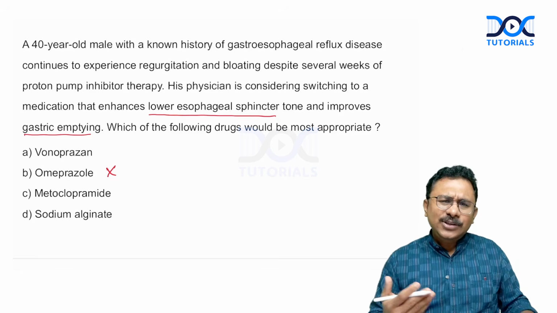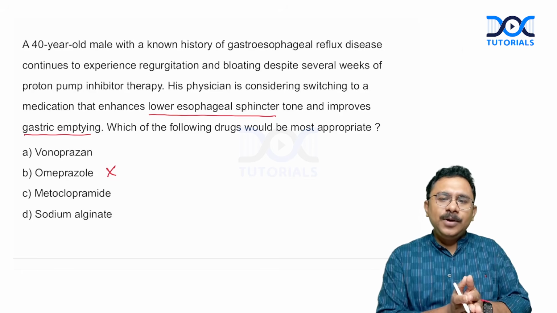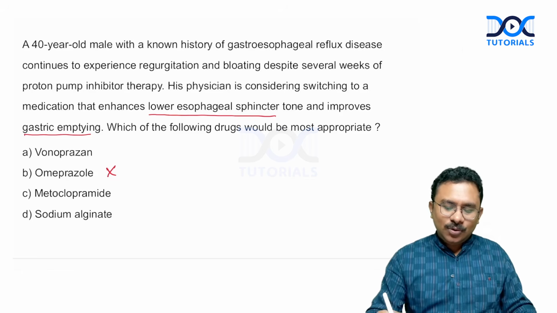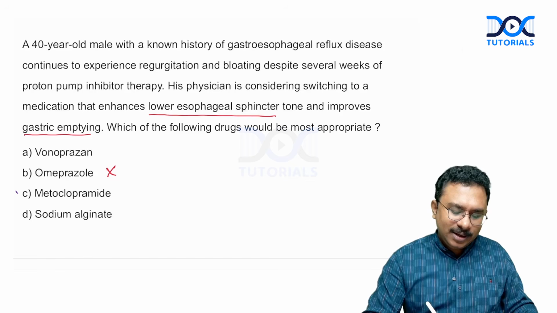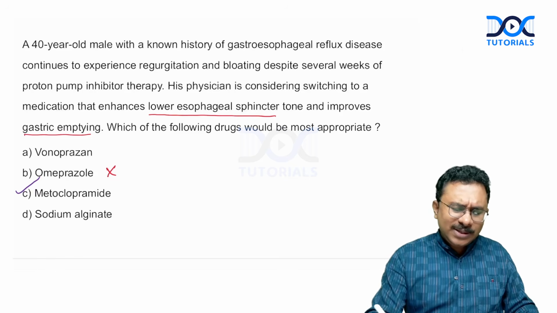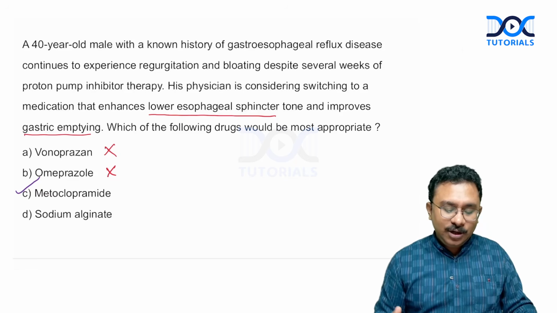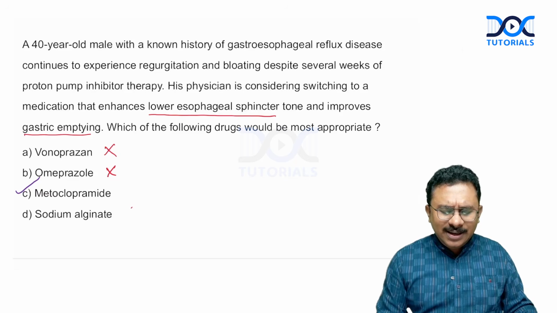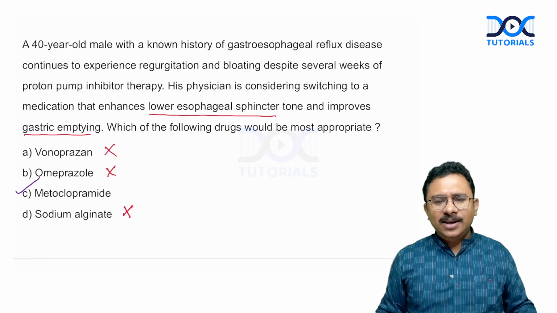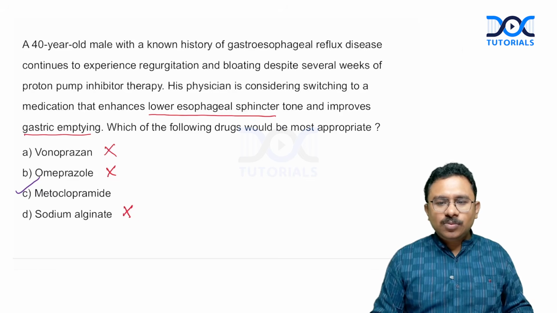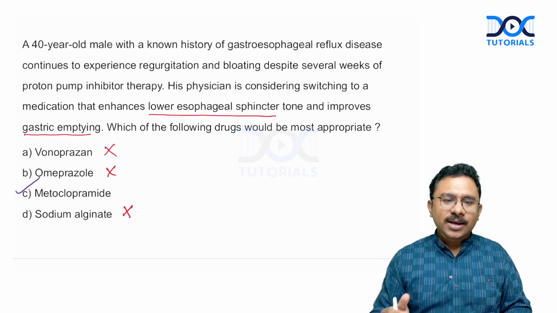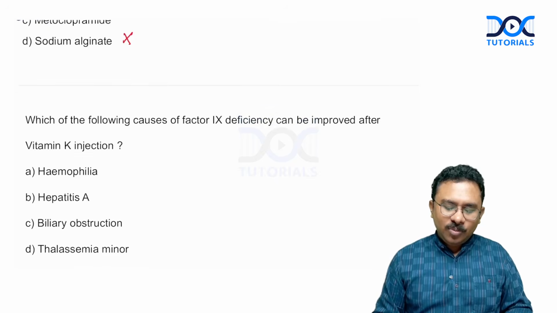Eventually they're asking for a prokinetic drug here. So out of the options, what is a prokinetic drug? Metoclopramide. Vonoprazan is a potassium channel blocker, a relatively newer one. And sodium alginate acts by forming a physical barrier, but that mechanism of action is not what is referred to in the question. The answer is metoclopramide.